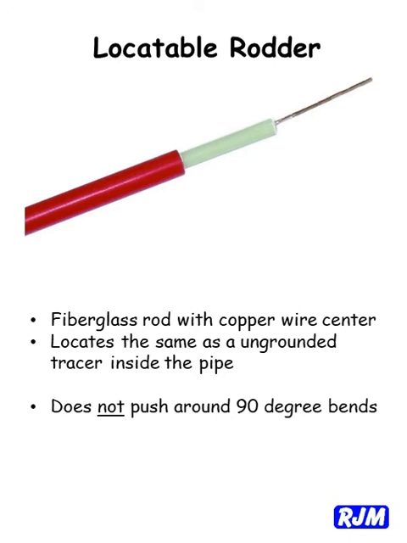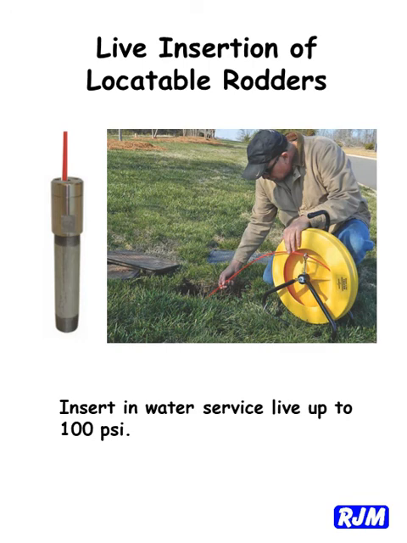An important limitation with locatable rotors is it does not push around 90-degree bends. Some locatable rotors are available with a stuffing box, which allows location with the live lines. They locate like having a tracer wire inside the pipe.